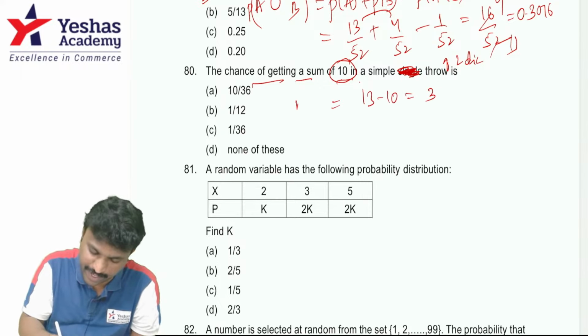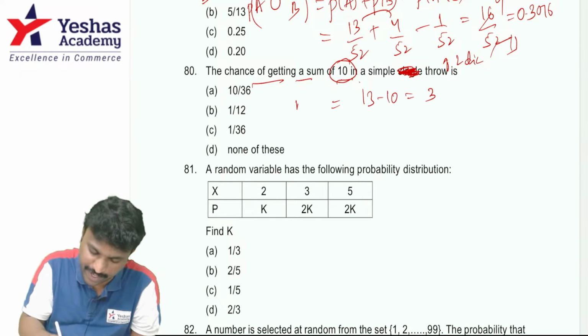The mean of a Poisson distribution is 4. That means m is equal to 4. Probability of 2 successes, P of x equal to 2, is what they've asked. So what is P of x equal to 2? E power minus m, m power 2 divided by 2 factorial, because P of x is equal to e power minus m, m power x divided by x factorial is the formula. Yes or no? Now just plug in the values.